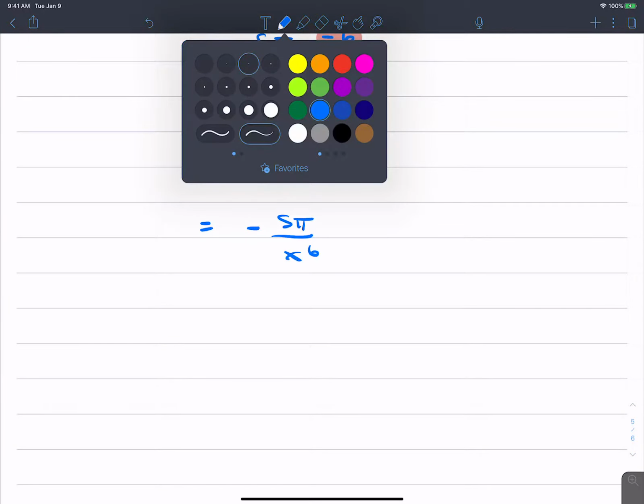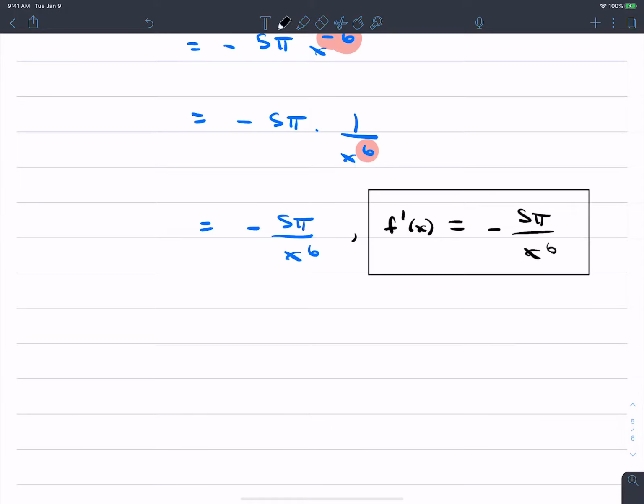Negative 5 pi over x to the 6. So here's what you end up with. F prime x is negative 5 pi over x to the 6. And there it is.